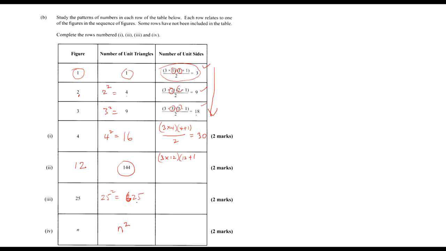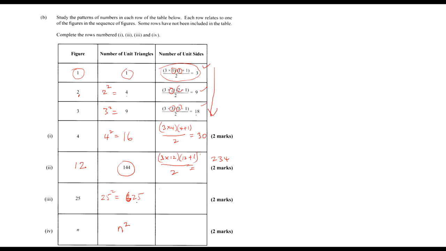Let me make sure I'm looking at this properly. This is multiply and this is plus, yes, all over 2. This will give me 12 3s are 36 multiplied by 13 divided by 2. I get 234.